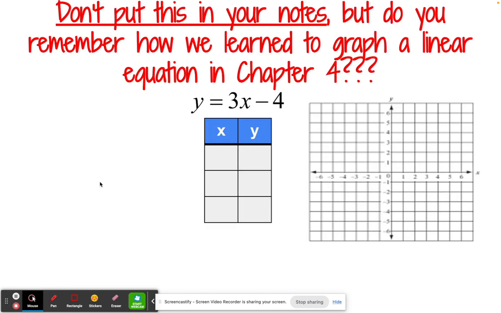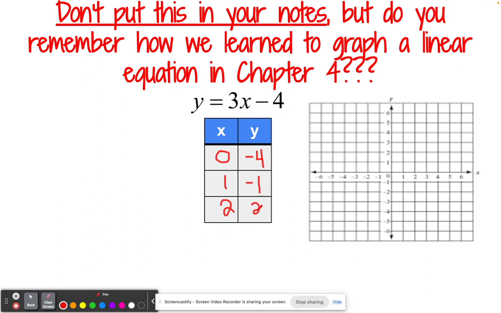Okay. Do you remember what you learned about graphing a linear equation in chapter 4? Well, we plugged in some numbers, if you remember. We would do like 0, 1, 2, and we do 3 times 0 is 0, minus 4 is -4. 3 times 1 is 3, minus 4 is -1. 3 times 2 is 6, minus 4 is 2.